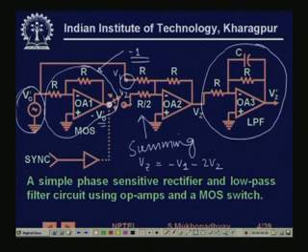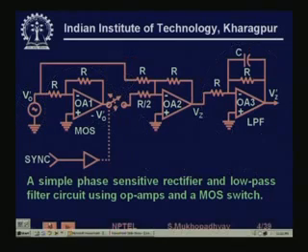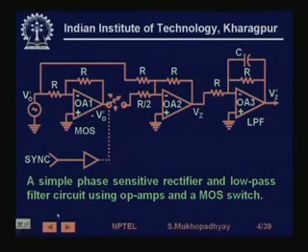So when V is positive, first of all this is off, so the signal passes directly. Now imagine that V is something like this. Let us just imagine the input here, let us see that signal, then we will be able to understand better.